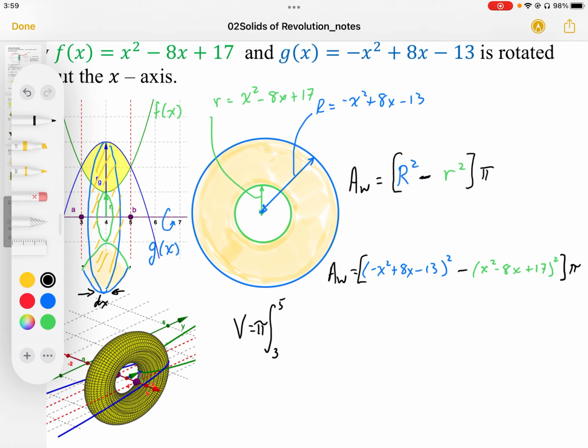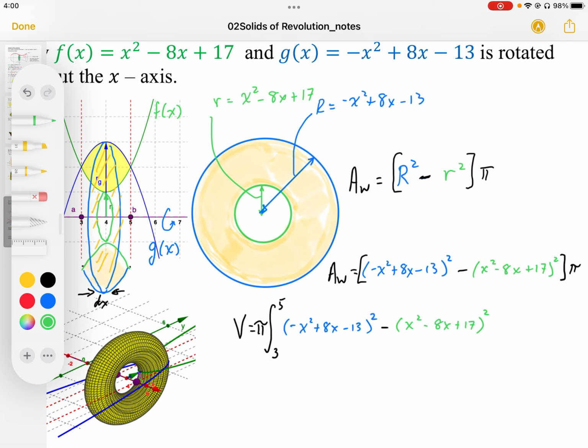I'm going to factor the pi out, and then it's going to be negative x squared plus 8x minus 13 squared minus x squared minus 8x plus 17 all squared.